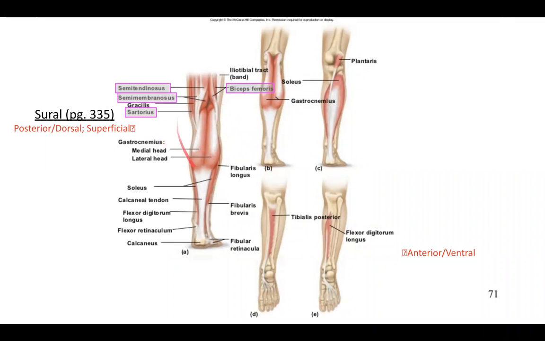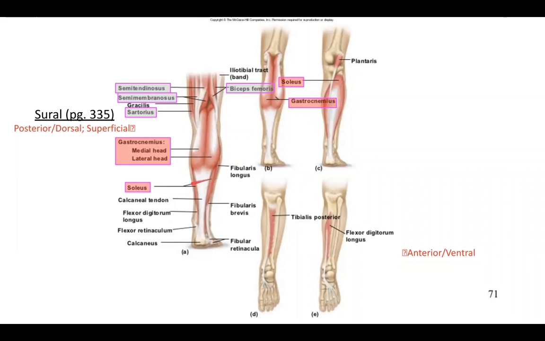All right, so now looking down at the calf, the gastrocnemius has two heads. This is essentially what you see from the outside. The gastrocnemius has two heads, the medial, which is towards the middle, and then the lateral, which is towards the outside.